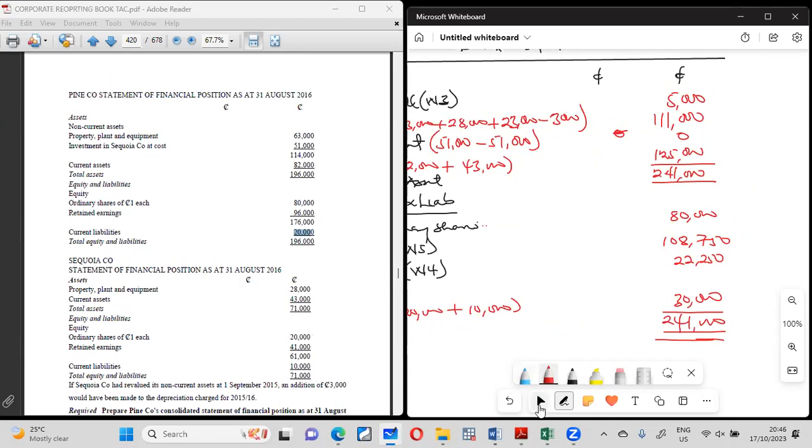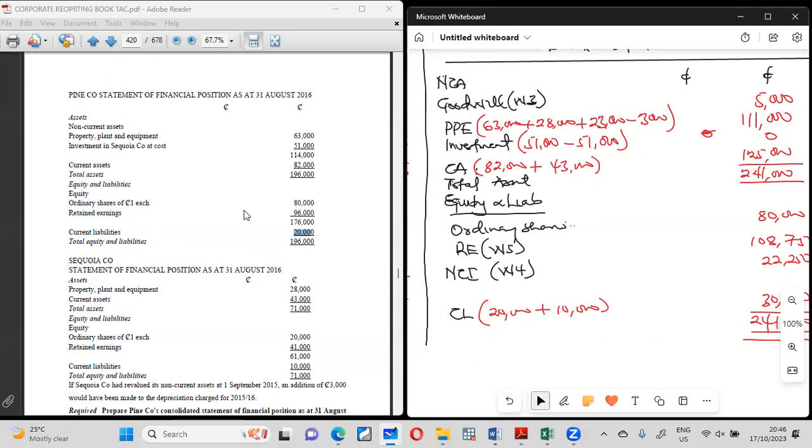Now, the only thing that will happen going forward is that you will see your current assets will be open. So you have inventory, receivables, and cash and bank, but it's the same principle. You add them. Your liabilities too can be open. And you may have some NCL too. It's the same principle.